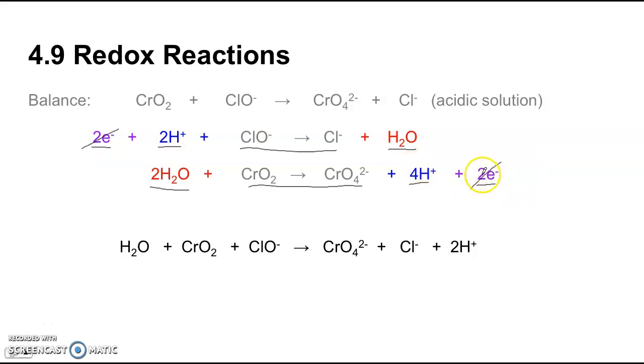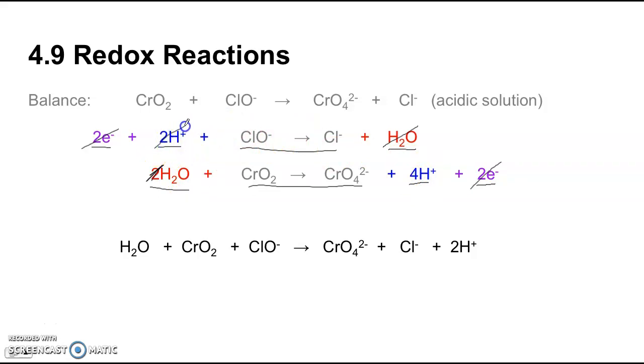Now, if they weren't equal, then you'd multiply one or both reactions by some factor to get them to a number that's equal. And then we look for like terms on opposite sides that can cancel. So we have water. There's one water here, two waters here. So the lower number is gone, and there's one water left over on the left. There's 2H plus here, 4H plus right there.